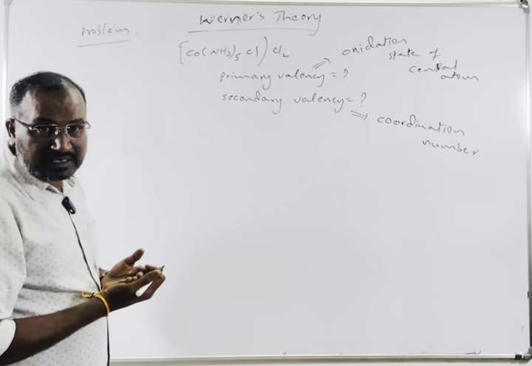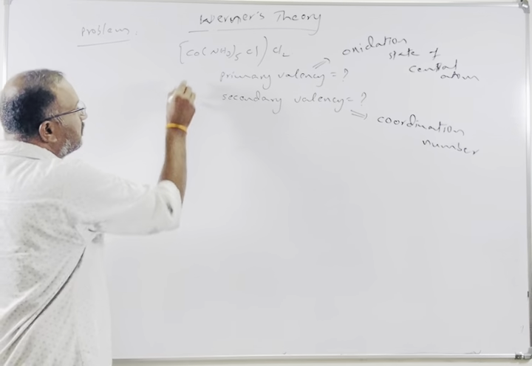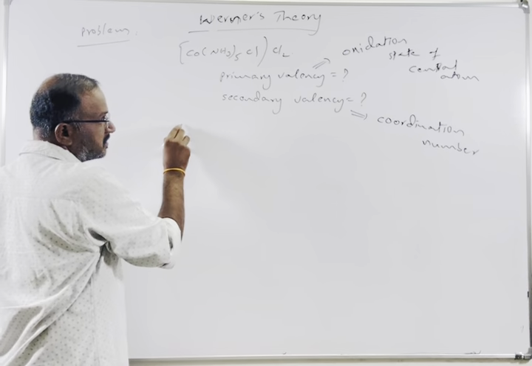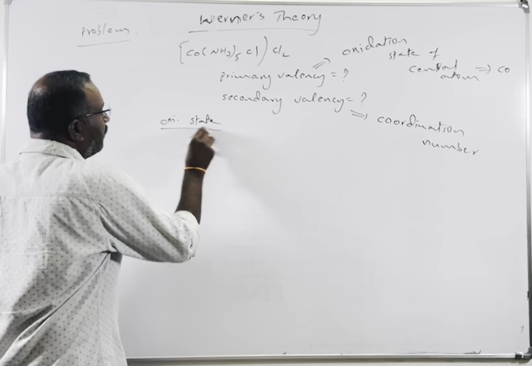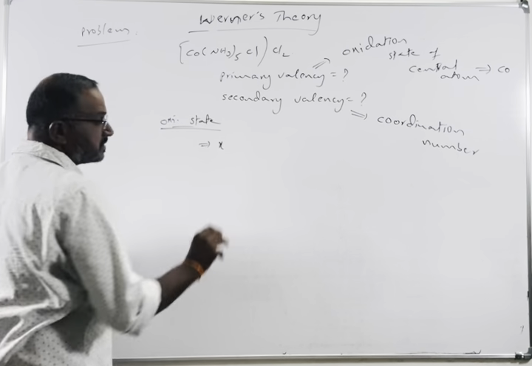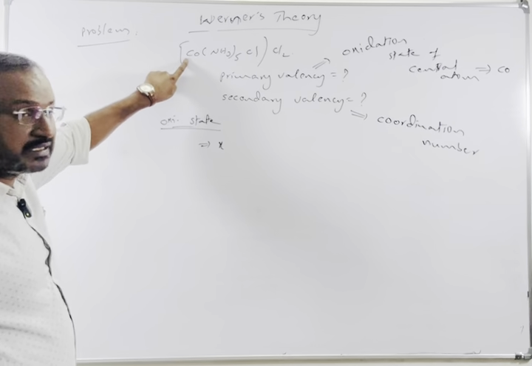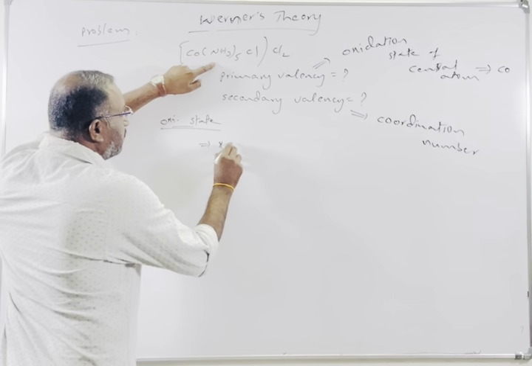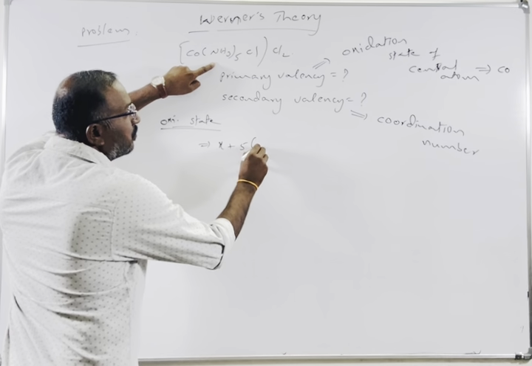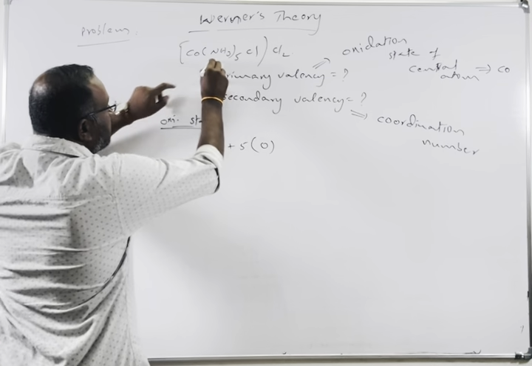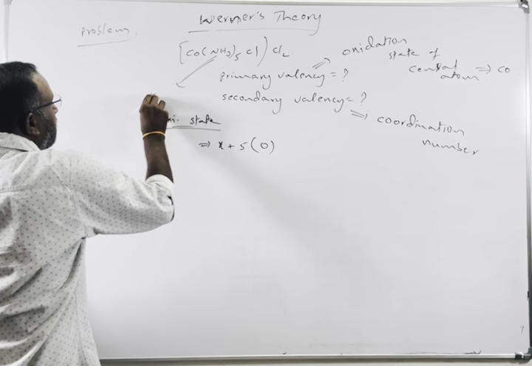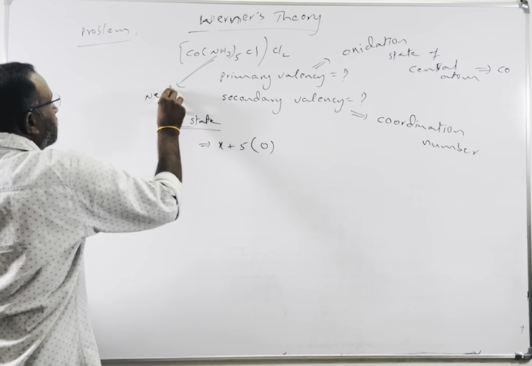To calculate oxidation state, there is a formula. First, we have to calculate the cobalt oxidation state. Here the central atom is cobalt. Let me calculate the oxidation state of cobalt. First we consider it as X. After that there are 5 ammonia, which are neutral ligands.